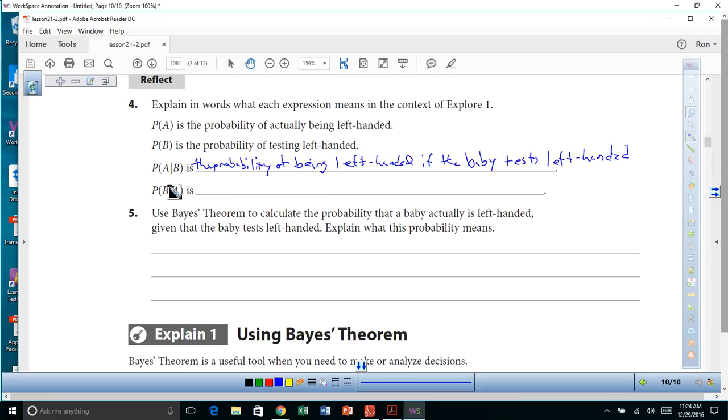All right, probability B given A is the probability of testing left-handed if the baby is left-handed.